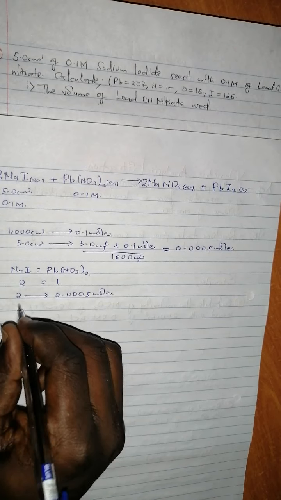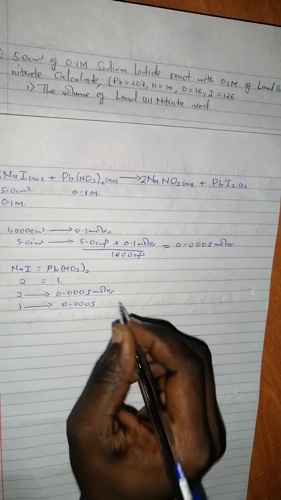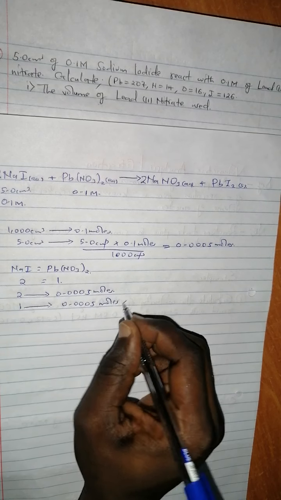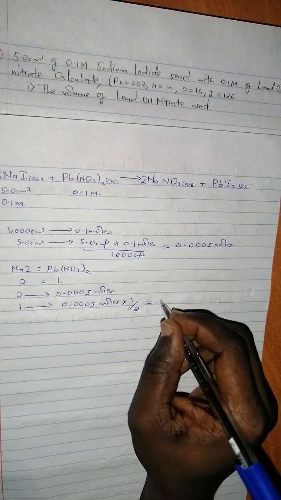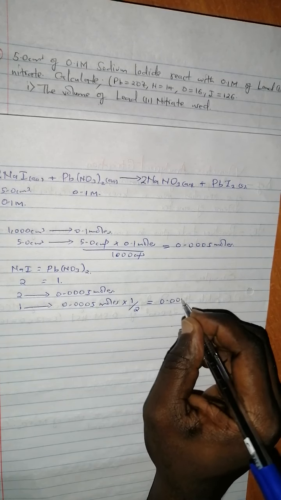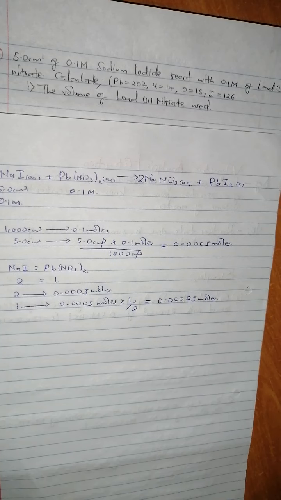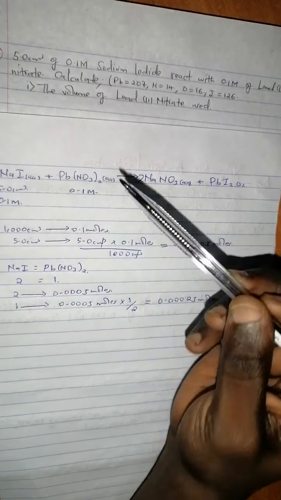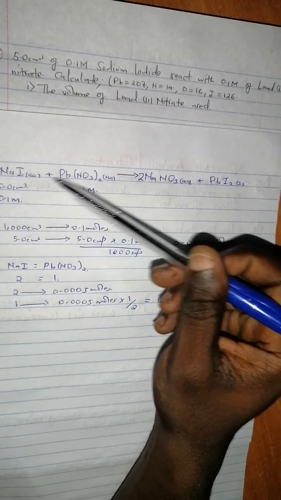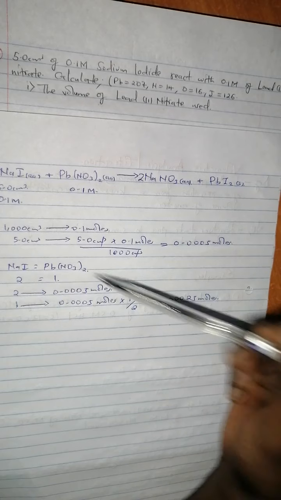How about 1? 1 will represent 0.0005 moles times 1 divided by 2. And when I punch that in my calculator, I will have 0.00025 moles. Not really sodium iodide, but lead nitrate, because I calculated it from the mole ratio.